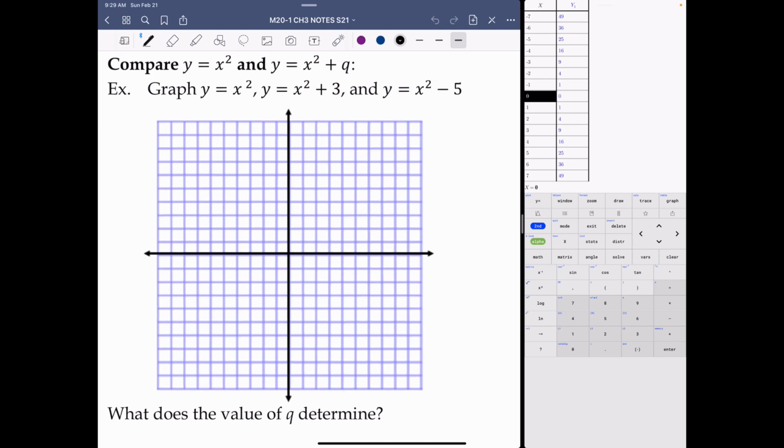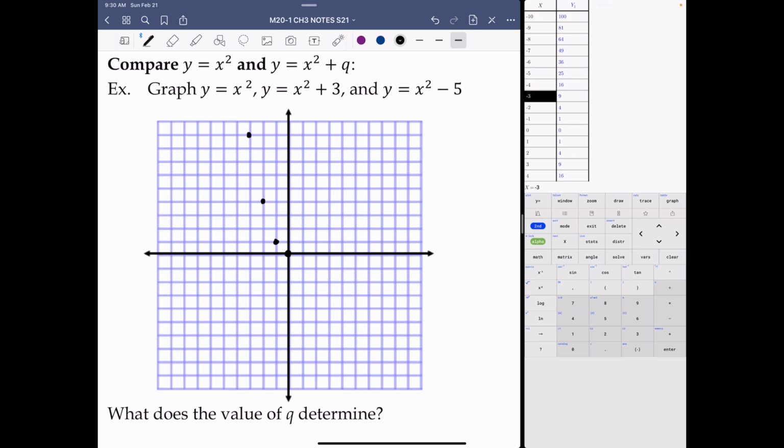When x is 0, 0 squared is 0. We also have a point at -1, +1, so x is -1, y is +1. And when x is -2, y is +4. -2 squared is +4. And when x is -3, y is +9.